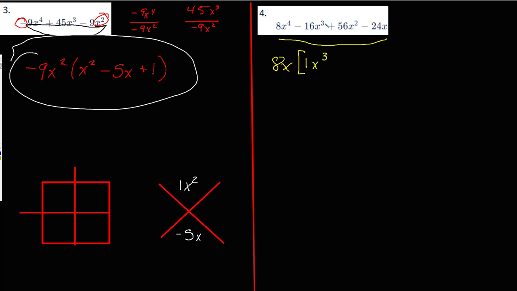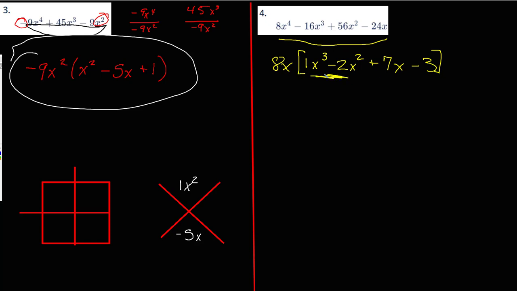Negative 16x cubed divided by 8x gives me a negative 2x squared. A positive 56 divided by 8 gives me a positive 7x. And a negative 24x divided by 8 gives me a negative 3.